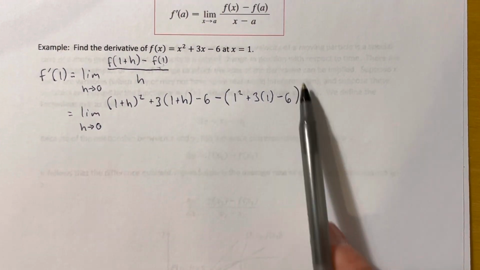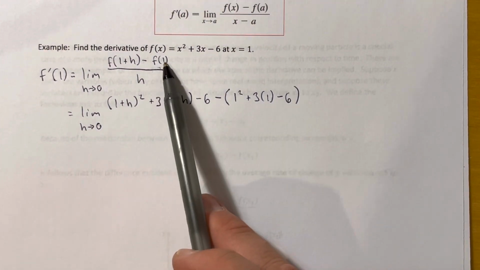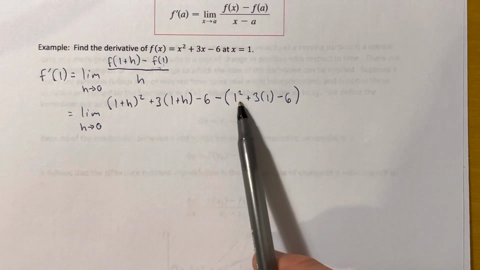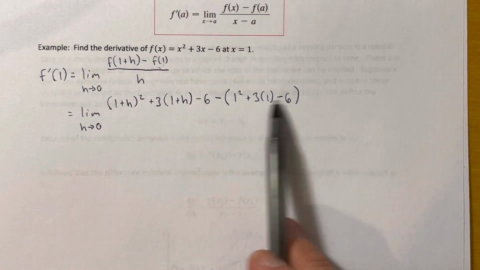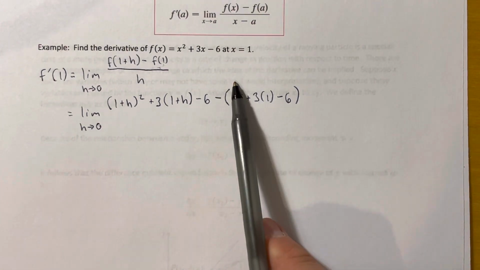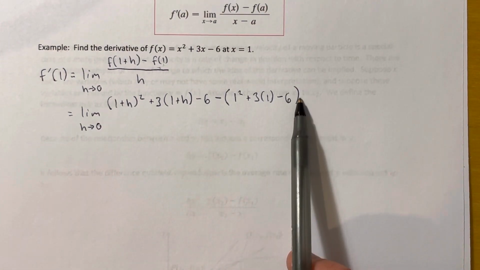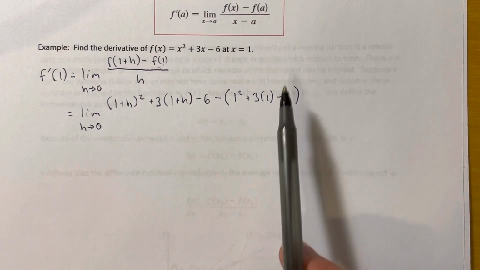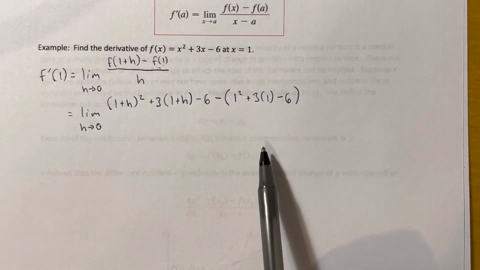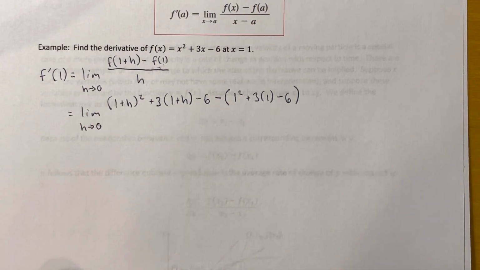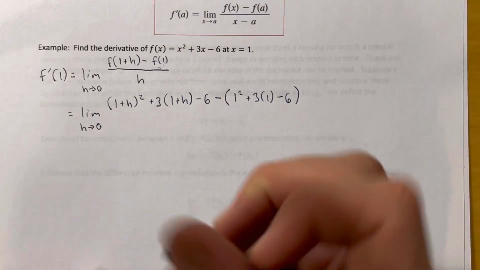If you leave these parentheses off, you're not subtracting f of 1. You're only subtracting the first term of that expression there. This is a common mistake that people make. If you fail to put these parentheses around this second part here, specifically in the cases where there's more than one term to deal with, you're going to get the wrong answer. You have to remember these parentheses. Okay?